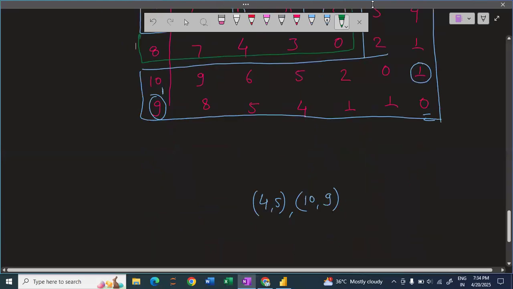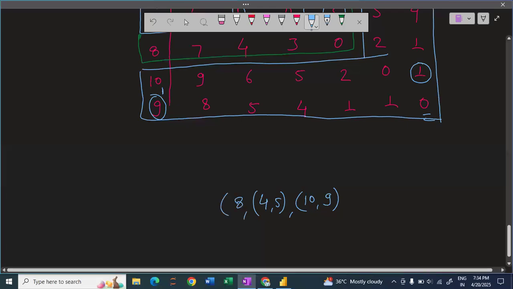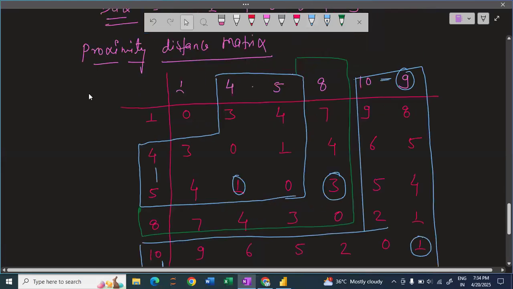So now how can I write here? 8, comma 4 and 5, and then this. Now we have a difference of 2.